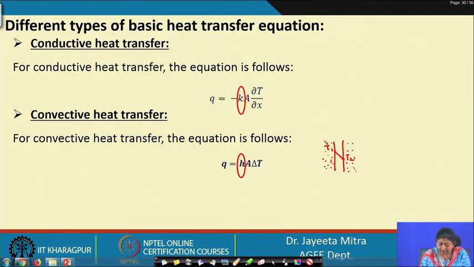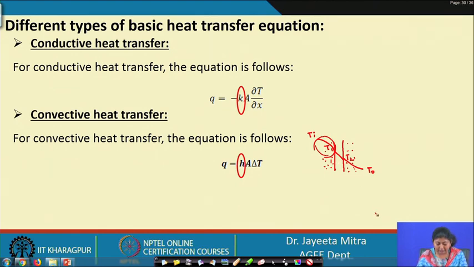Here we can get a temperature gradient, T I and T O. The heat transfer in this zone is because of convection, from the fluid to the wall.